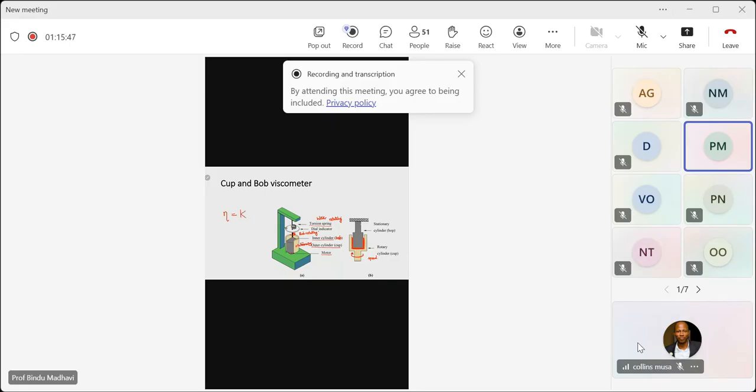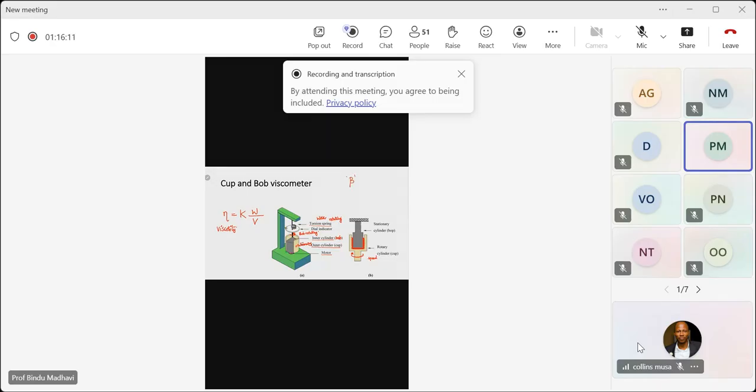So we are going to use the formula. Viscosity is given with a constant called K multiplied by W over V. Here this is the viscosity. K is a constant.